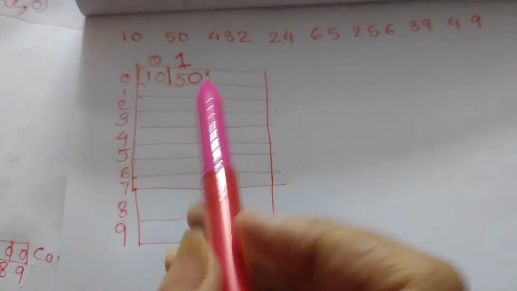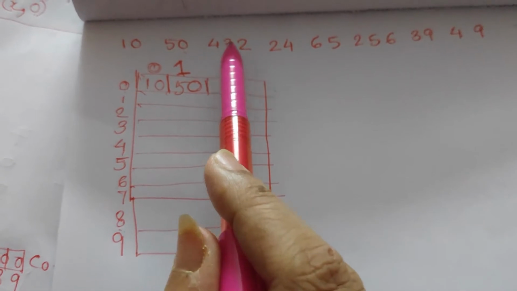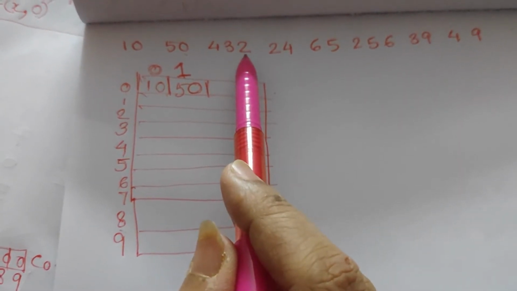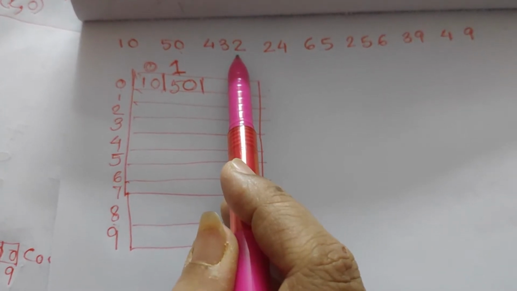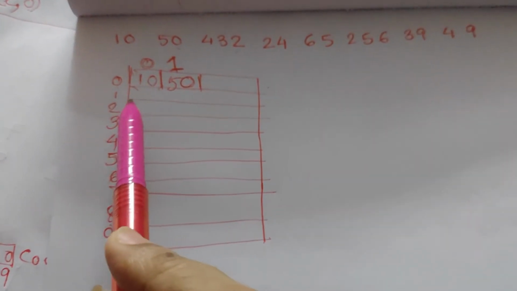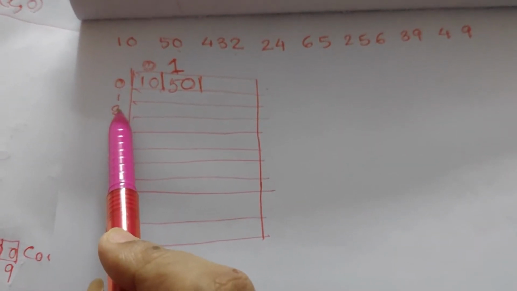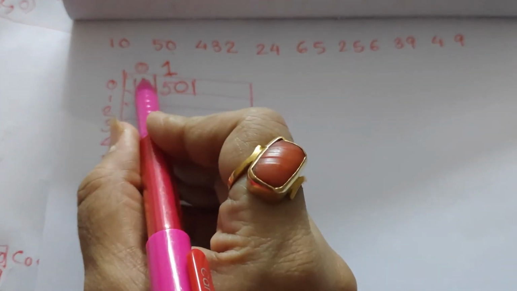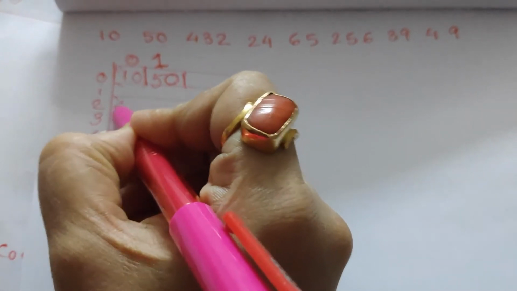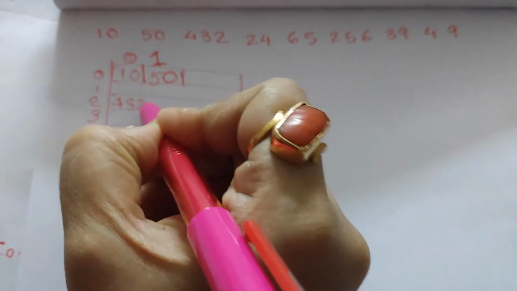Clear? Now comes 432, which has the unit digit 2. So since 2 is the unit digit, we will come to the row that has 2 as the row number, and as the 0th element of this row we will put 432.